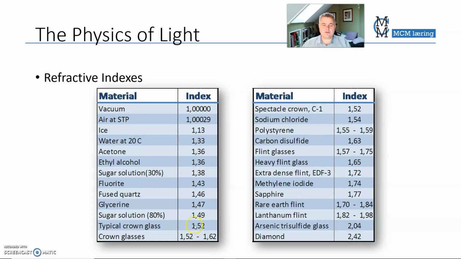When we come to glass, it's between 1.5, 1.6. And we have here flint glass, for example, and the highest we have which naturally occurs is diamond, with a refractive index of 2.42.